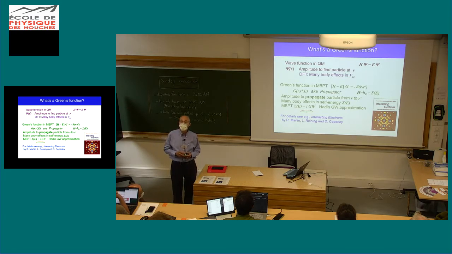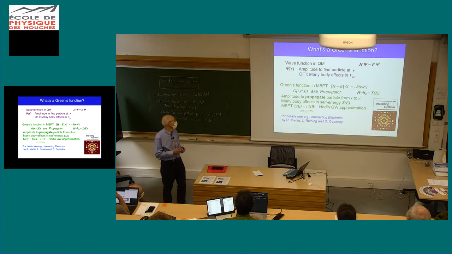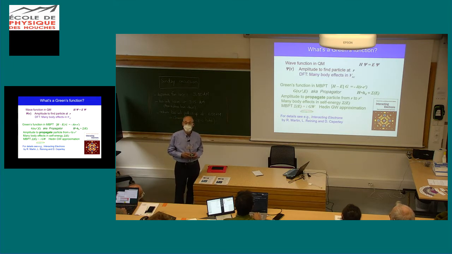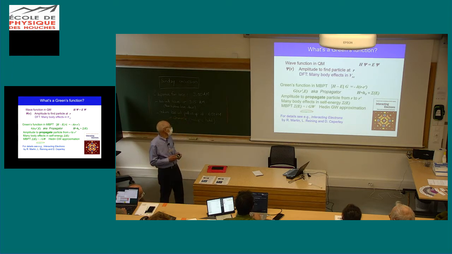What we've used to calculate the self-energy is usually this famous GW approximation that Lars Hedin wrote down back in the 60s. And it's usually obtained from many-body perturbation theory, in this case, first order in the screened Coulomb interaction. So I'll touch on that very briefly as I go on.